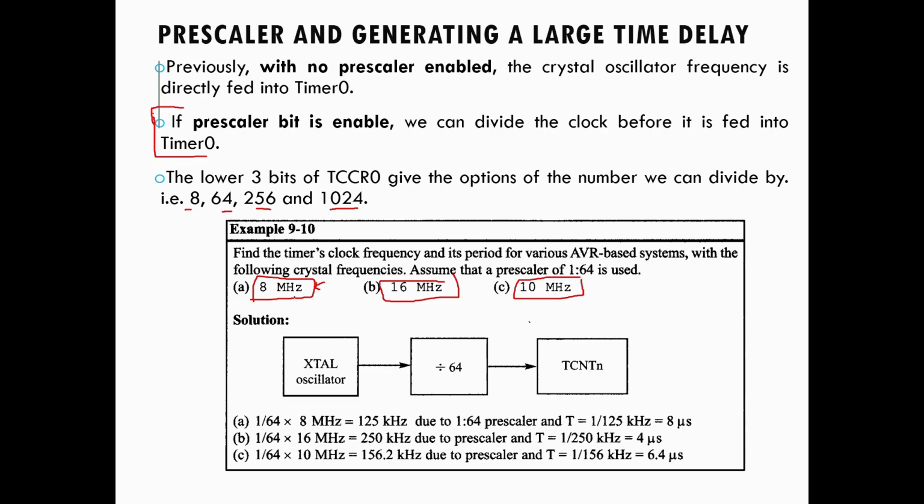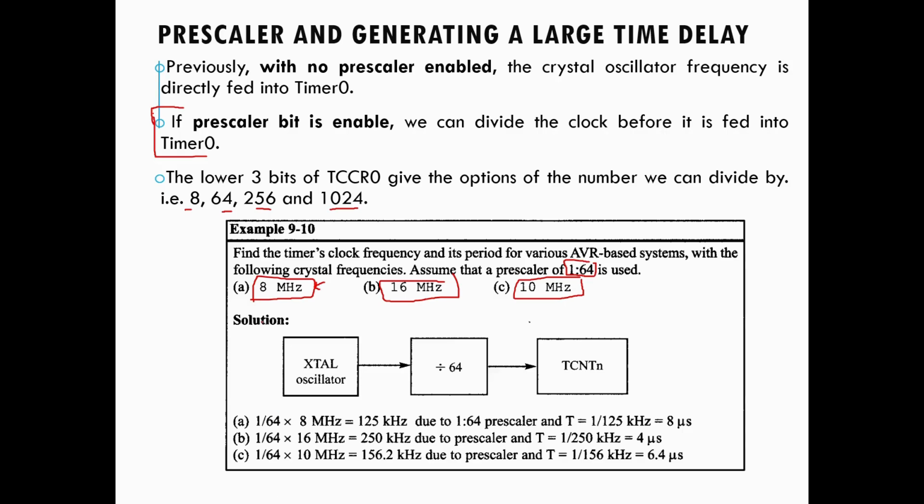We want to use the prescaler 1 to 64, which means we just need to identify the ratio, and multiply it with the original crystal frequency that is available.